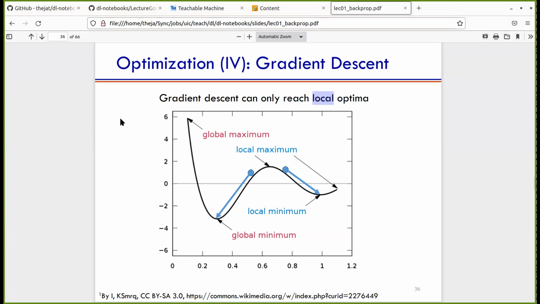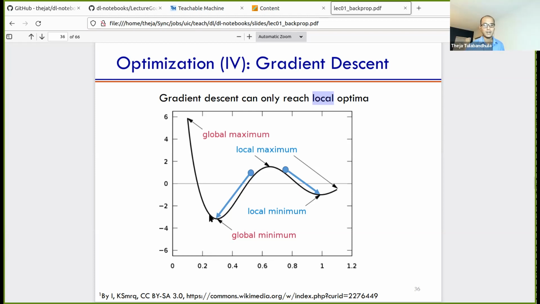Is there a way we can find out which minimum is global or which is local? Computationally, no, because both look the same. If we had a way to figure that out efficiently, well, of course, you can always try out everything that's possible in the parameter space and figure out what is the global optimum, but that's not possible. If you just do gradient descent, you will not be able to know because both look the same.